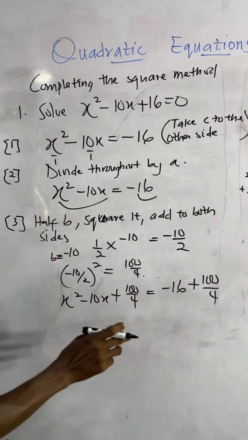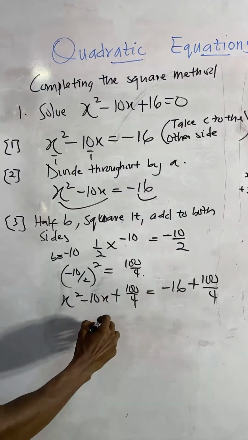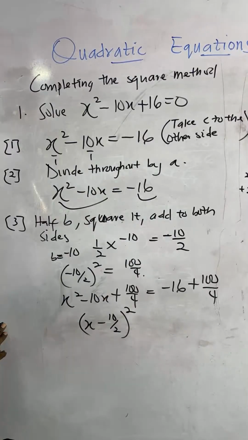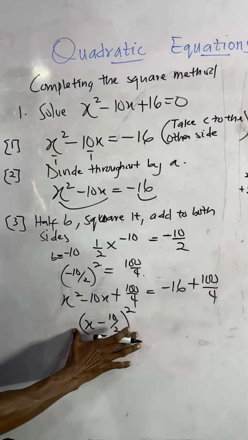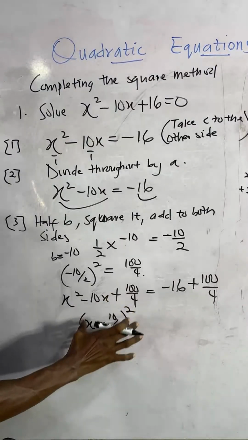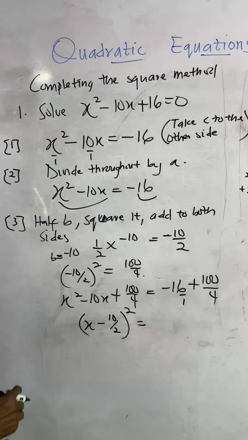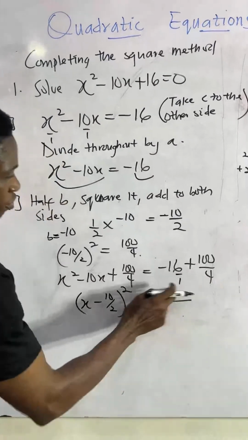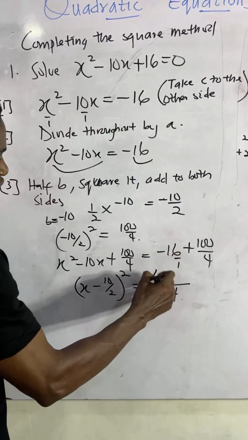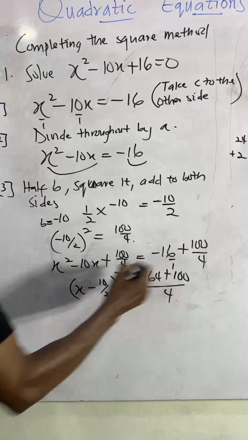Now one thing that is interesting is that this value will always give you this. So just pick that half value, bring it down here. So this will be equal to, let's solve some LCM. 1 and 4 is 4. 4 times 16, that's negative 64. Plus 1 times 100, 100.